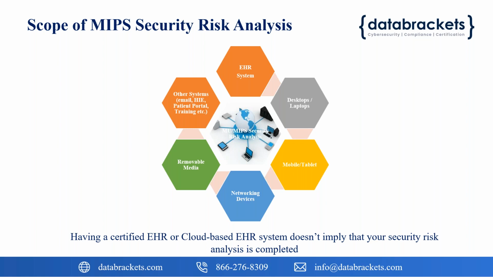Then also your other systems that are talking to your core EHR system, for example the patient portal and any kind of third-party service that connects to your core EHR system, including the HIE, the health information exchange. Those are some of the things we cover as part of this assessment.